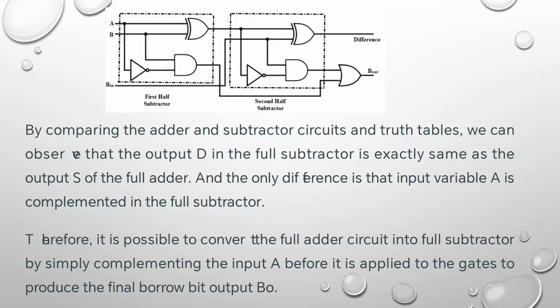Therefore, it is possible to convert the full adder circuit into a full subtractor by complementing the input A before it is applied to the gates to produce the final borrow bit output B0. Thank you.